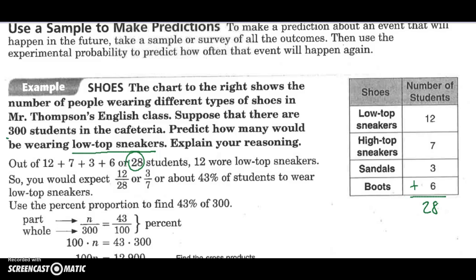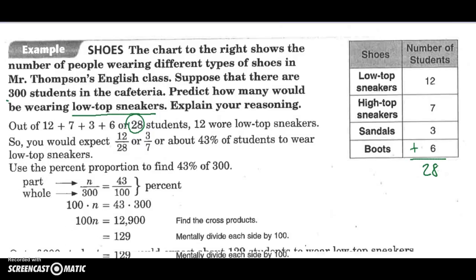So using that 43%, we have to figure out how many out of 300, oh, this is a blast from the past, part out of whole is over of. How many of the whole school, or those students in the cafeteria, is 43%, and percent is always over 100.